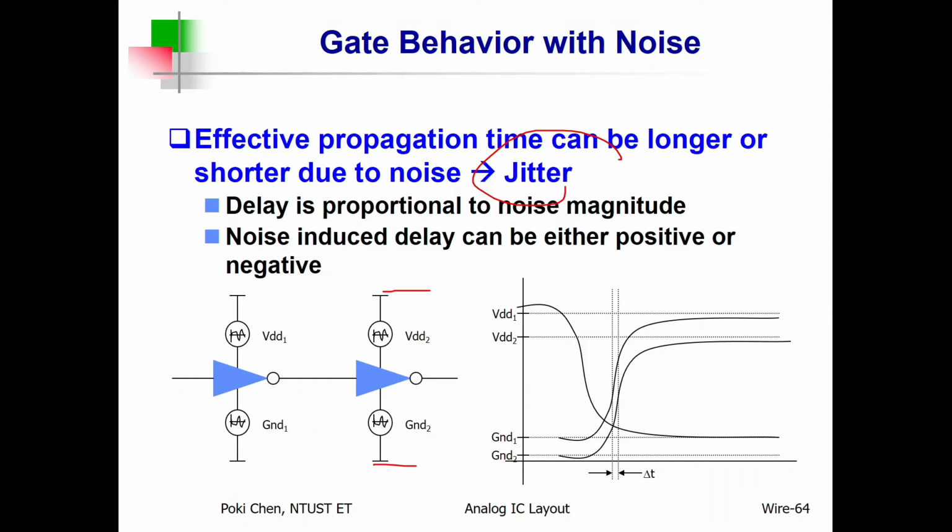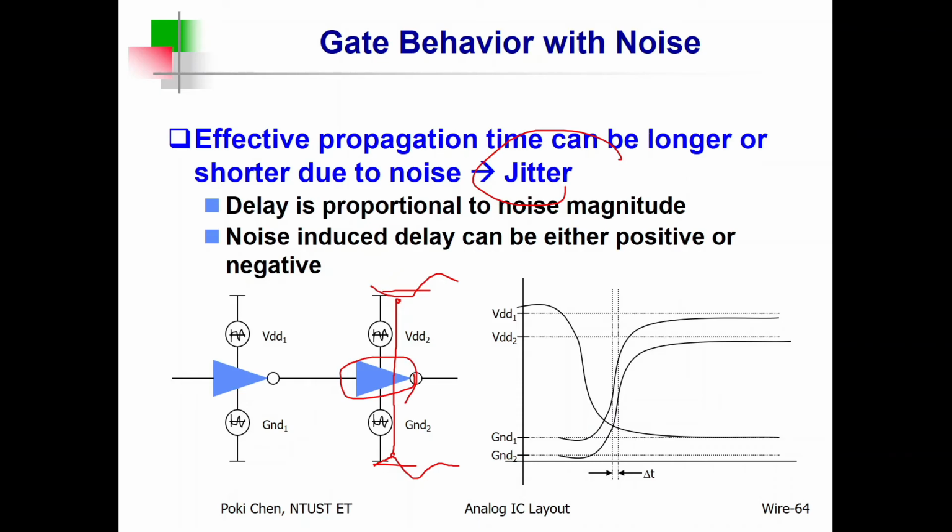However, with such kind of resonance, variation, spikes, anyway, you can see here the VDD becomes lower, but the ground becomes higher. So it means the difference between VDD and the ground becomes smaller than the ideal value. Smaller difference means smaller driving capability. It means the propagation delay of the gate will become longer, right?